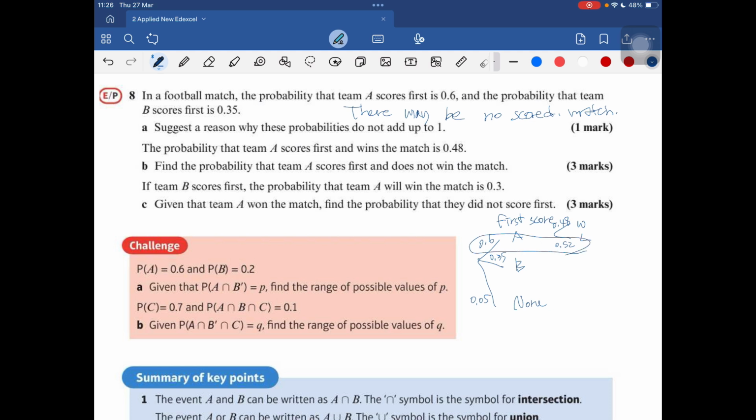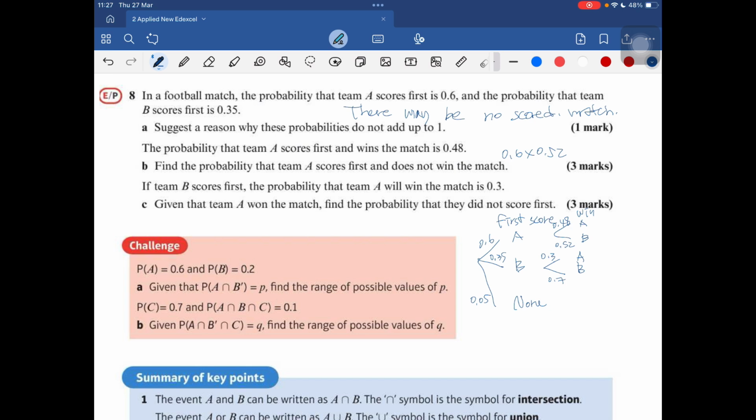So like this, 0.6 times 0.52. And if B scores first, A will win 0.3, which means B wins 0.7. Maybe this is better, I'll make it like win A, B, A, B. So if B scores first, A wins 0.3.